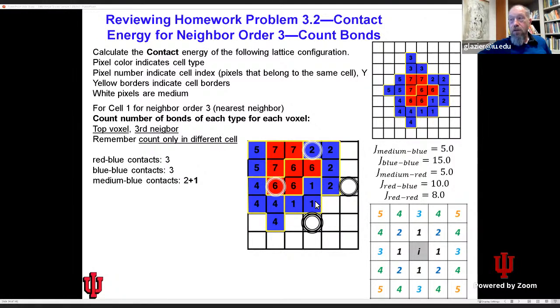So I get 1 unit of blue medium from this voxel. Notice that that same unit of medium would be counted also coming from the voxel below it and from the voxel below and to the left. All of those would have that same medium voxel as a neighbor. So that medium voxel would actually be counted 3 times in contributing to the contact.